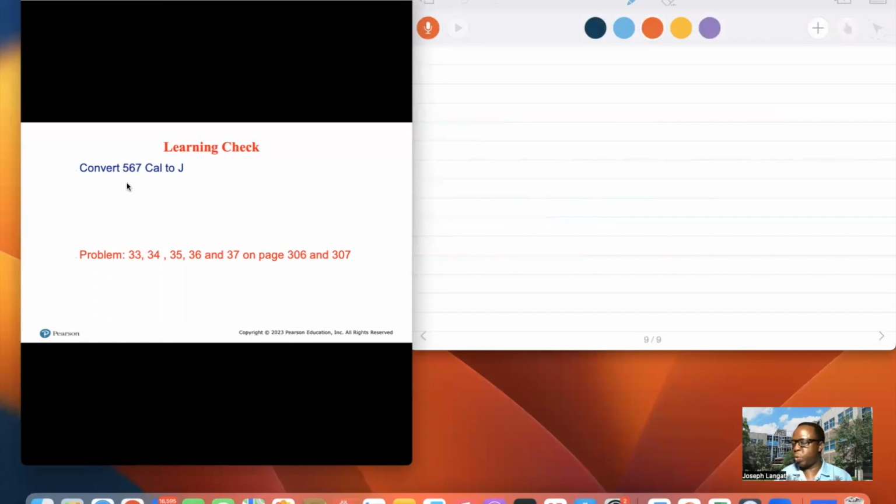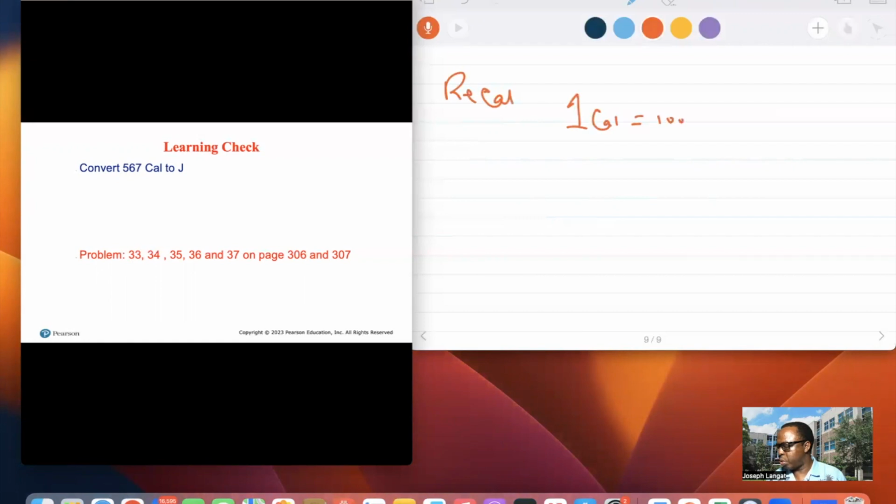Recall, this is what you need to remember: 1 uppercase Calorie equals 1,000 calories, lowercase calorie. And then 1 lowercase calorie equals 4.184 joules. But you need to remember that.